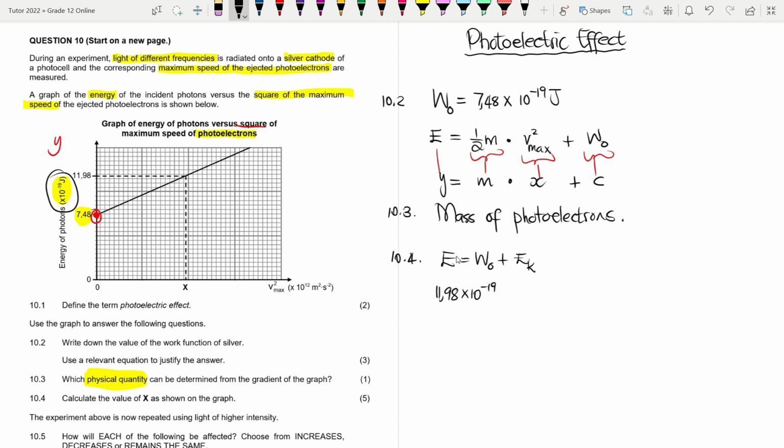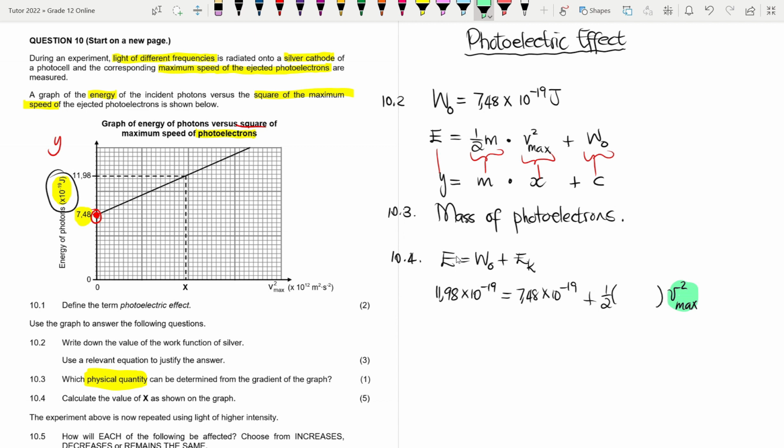Then our work function would be 7.48 times 10 to the power negative 19. Then our EK is half mass times velocity squared, and the velocity squared would be x squared. So we're basically calculating v squared max.